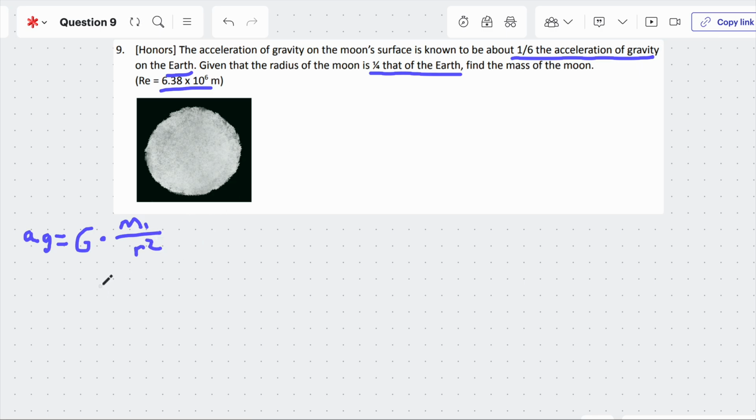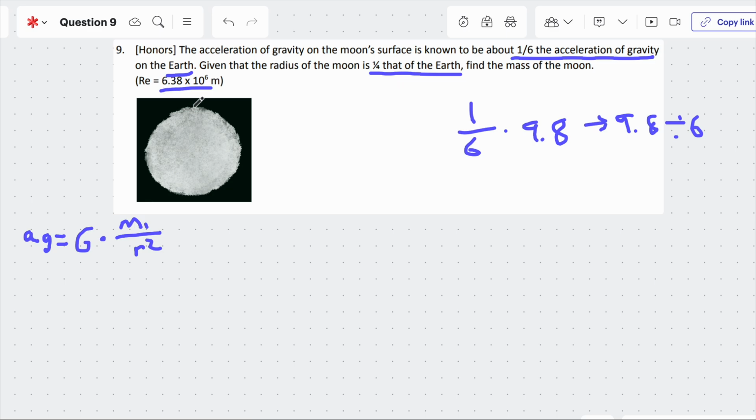Sweet. So we know it's about 1/6 the acceleration of gravity on Earth. So that is 1/6 times 9.8, or you can write that as 9.8 divided by 6. So that is our acceleration of gravity on the moon. Okay, so first things first, we found that 1/6 acceleration of gravity. Oh, let's find that 1/4 radius.